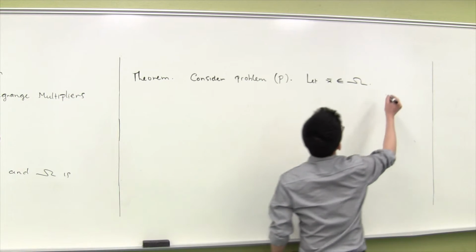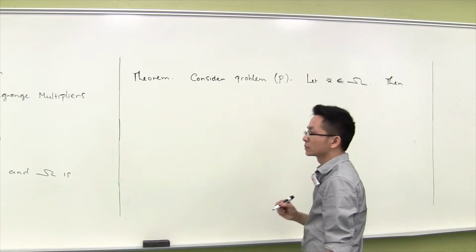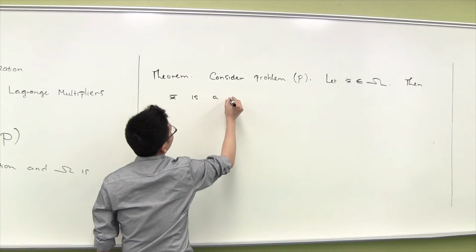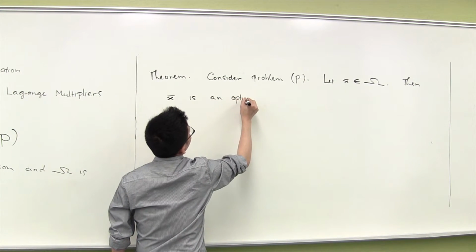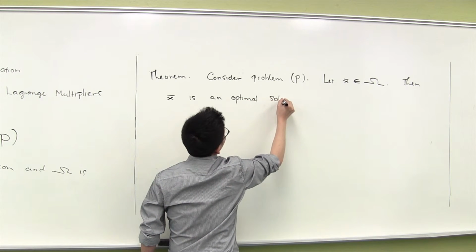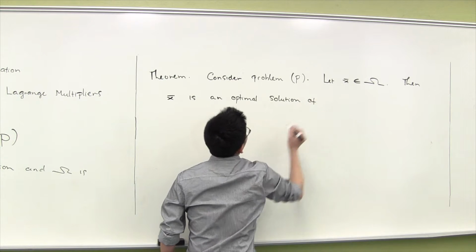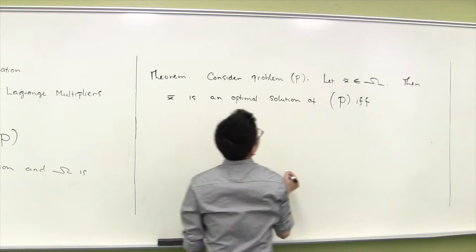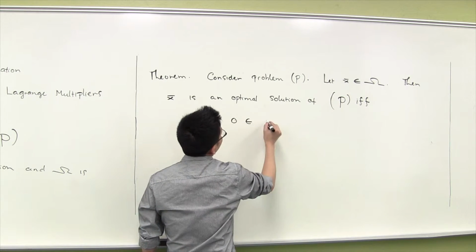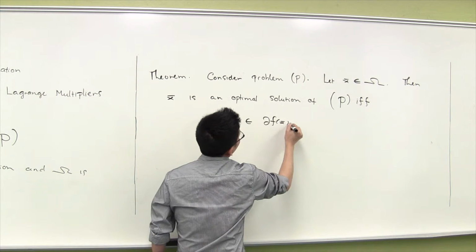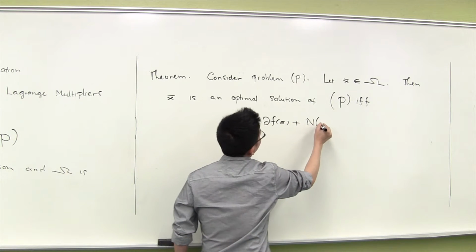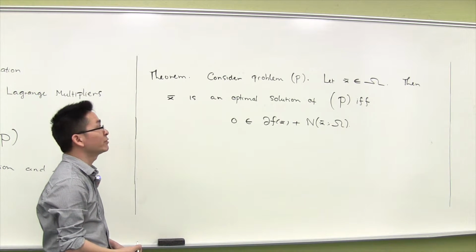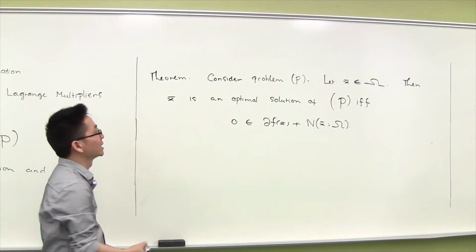Then x bar is an optimal solution of P if and only if 0 belongs to the subdifferential of f at x bar plus the normal cone to the constraint set omega at x bar. The proof of this theorem is really, really simple.